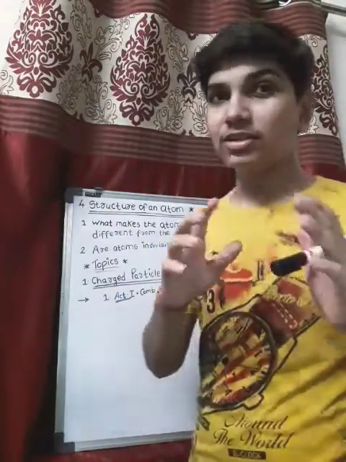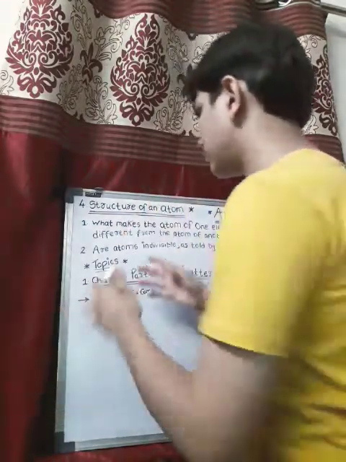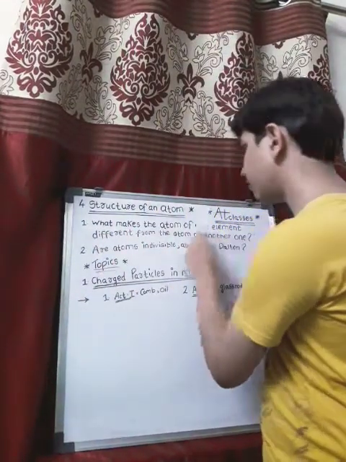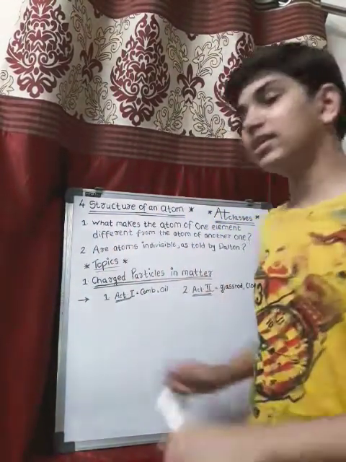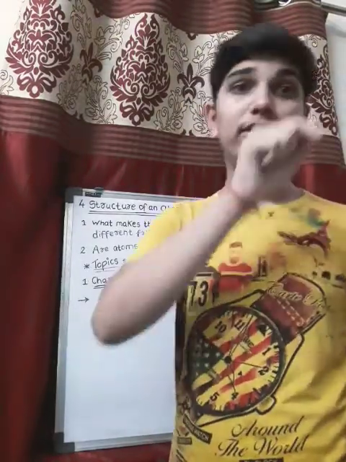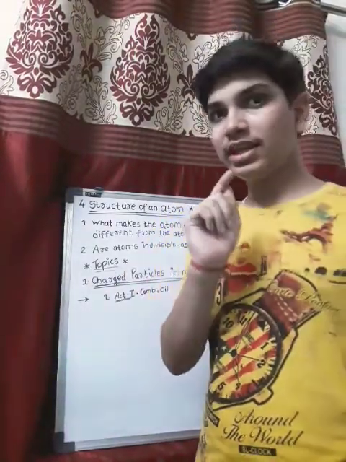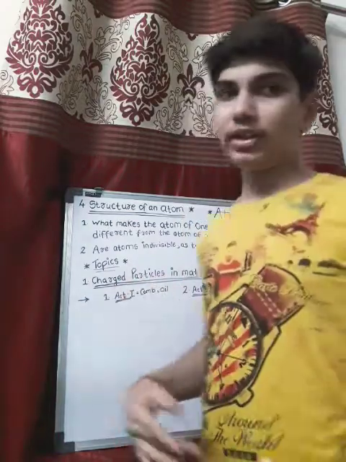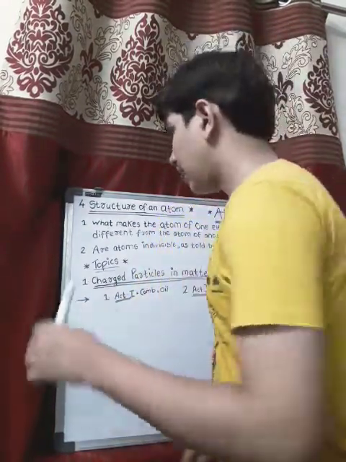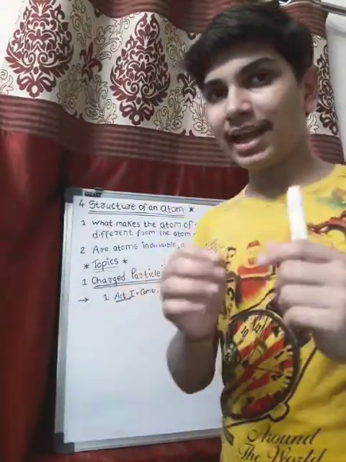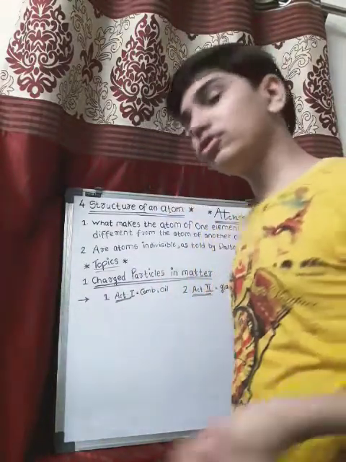So recall what we have studied. What makes the atom of one element different from the atom of another element? Pause the video and think. If you got the answer, then see what I am going to tell. I will give you the answer; till then you think, and I will move on to the second question.